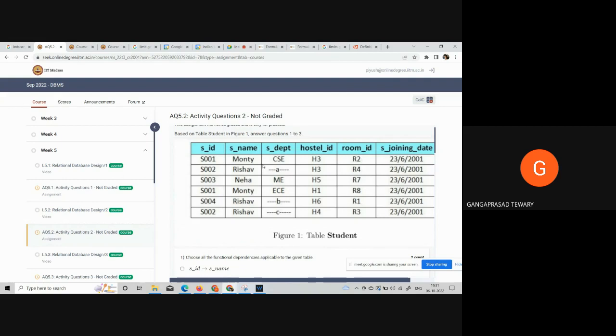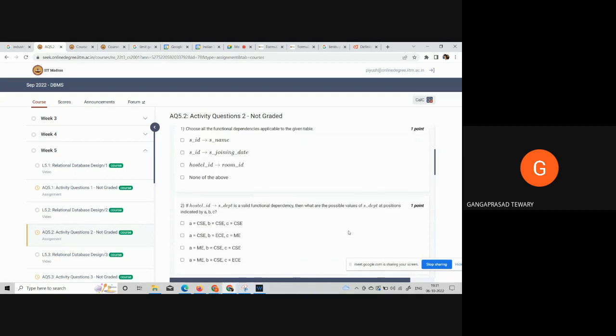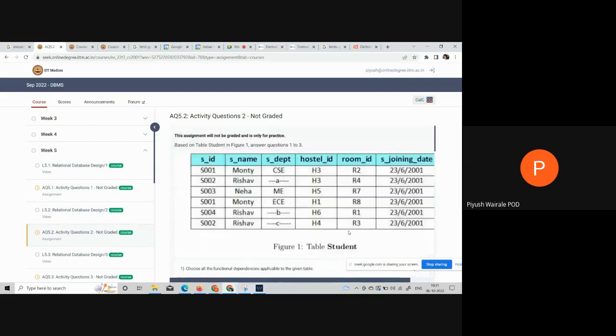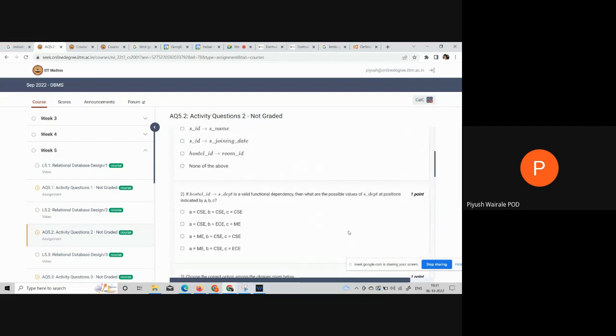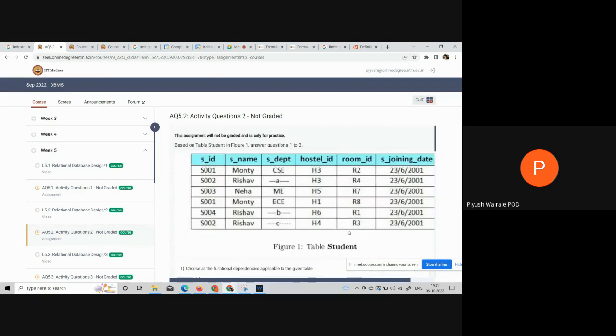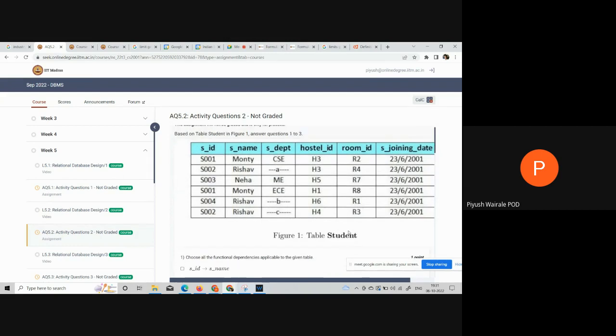B can be anything, no restriction. C can be anything. But A must be CSE. Yes, A should be CSE. That is correct.